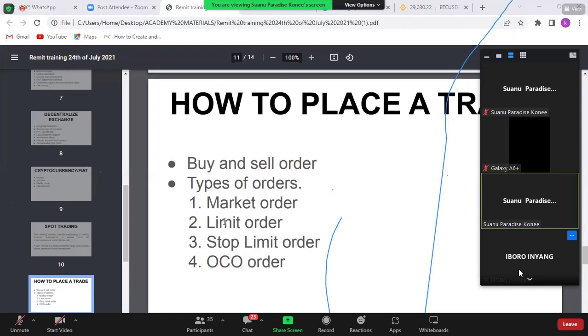But for the purpose of this class, I will be talking about market order only, and then I will teach us one strategy on how to be a profitable trader. So let's proceed with tonight's class.